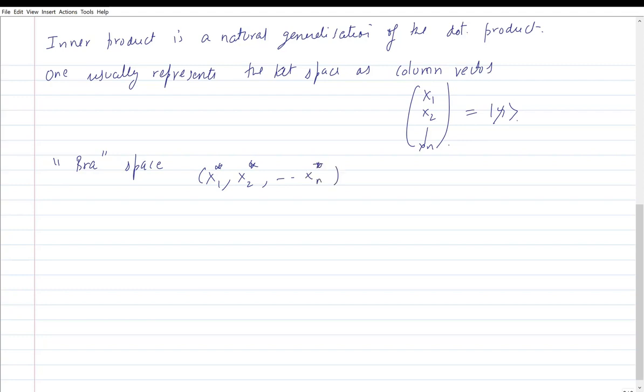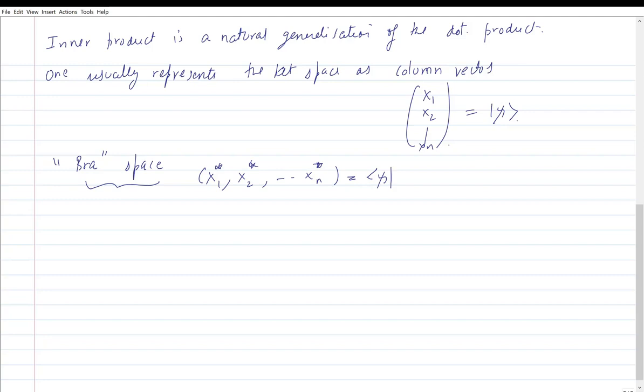So this would be your bra space. What's the advantage? Defining the bra space this way lets us define the norm or the length of the vector.